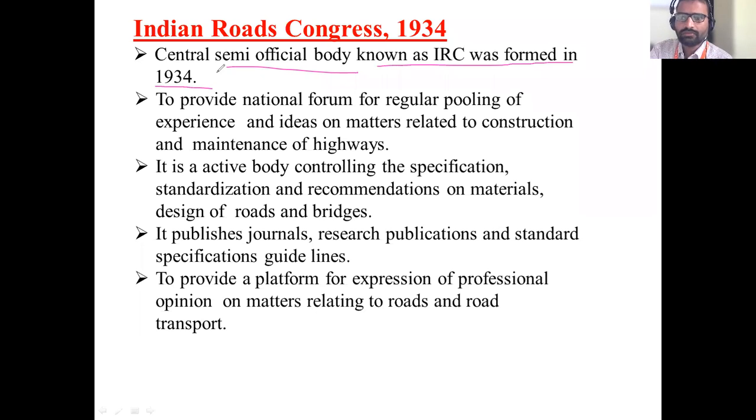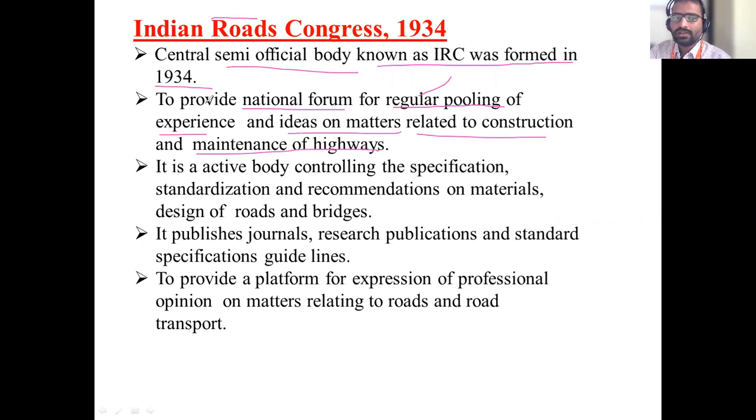Whenever it is asked what is the IRC, you should say it is Indian Road Congress, and it is a central semi-official body. This is a technical body, to provide the national forum for the regular pooling of experience and ideas on matters related to construction and maintenance of highways. The day to day activities that are going on, that will be given by the IRC.